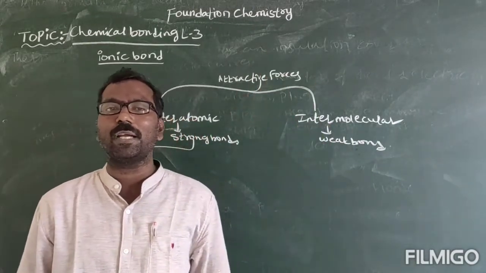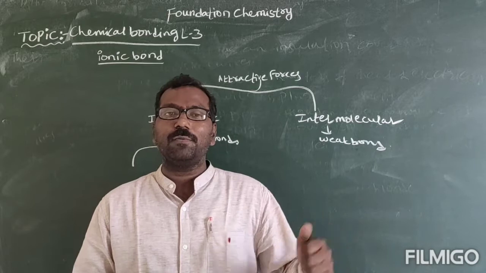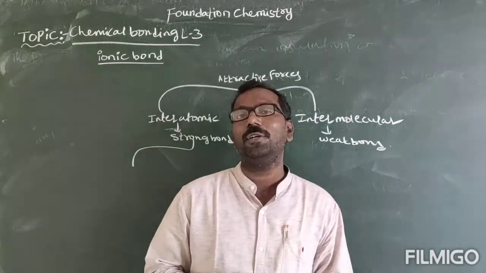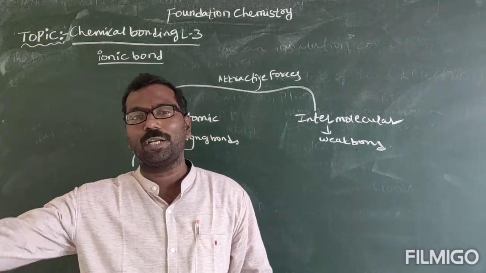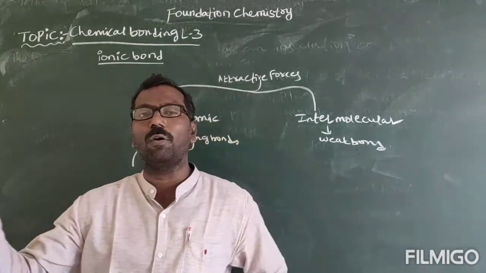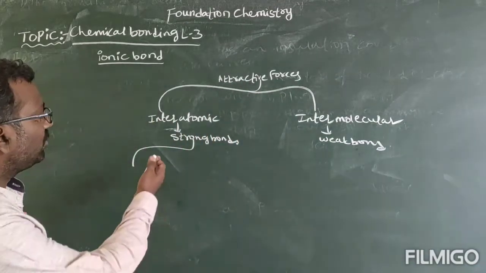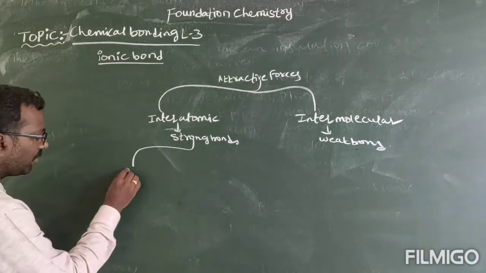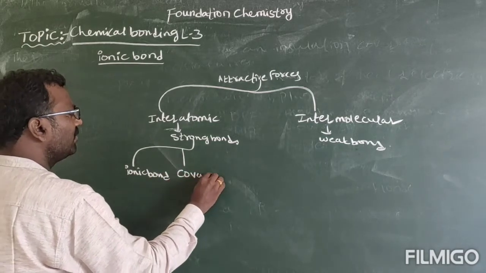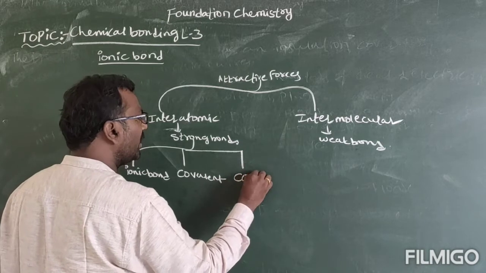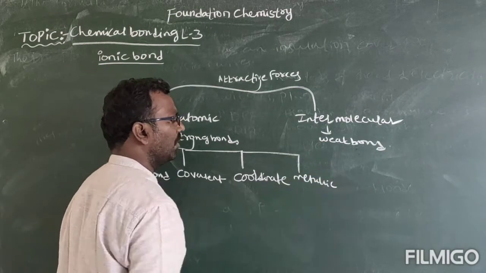At the start of the bonding chapter, I explained how to identify the bonds, in the second video: electropositive element plus electronegative element, both electropositive atoms, or both electronegative atoms, and what type of bond results. So under strong interatomic bonds we have ionic, covalent, coordinate covalent, and metallic bonds.